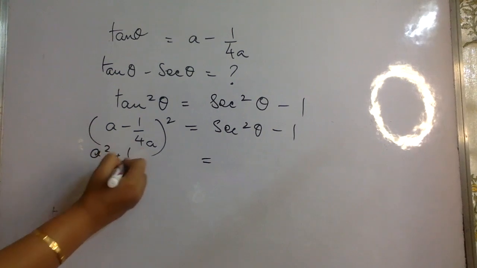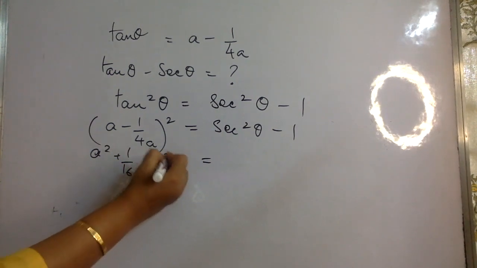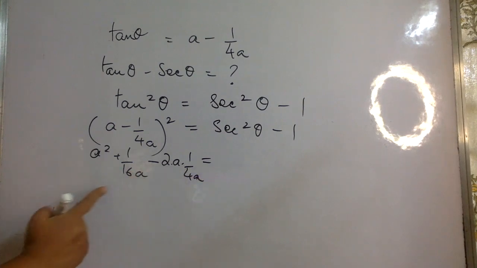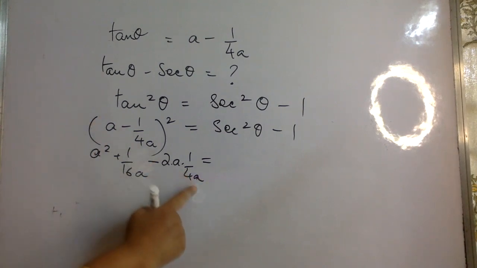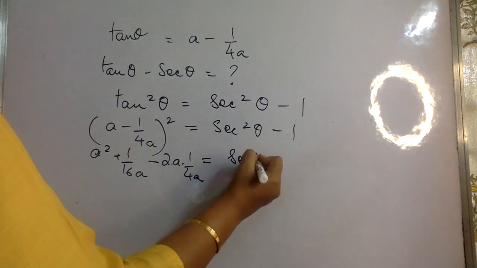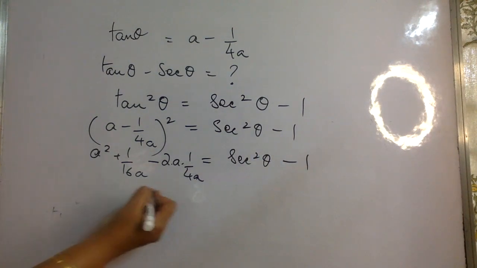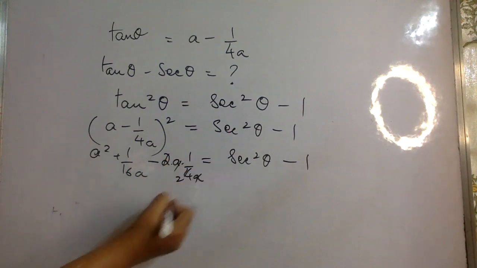a square plus 1 by 16a square minus 2 into a into 1 by 4a, that is a minus b whole square. This is the 2ab term, and here it is sec square theta minus 1. Okay, so what we'll do here is, we'll first cancel as far as possible.